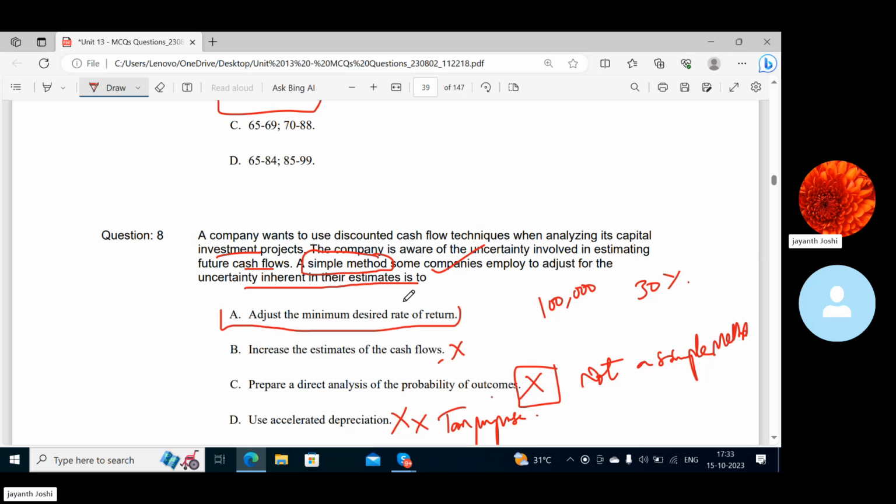It's very simple to do, right? Just the minimum desired rate. And here, uniformly increasing the estimated cash flows, or ignoring salvage values or certain other things, can create error in the capital budgeting analysis.